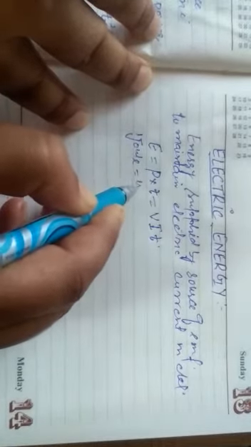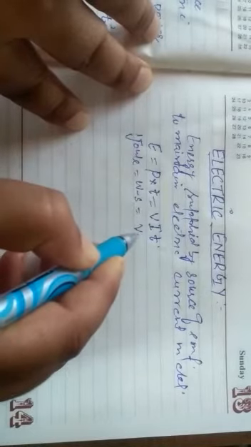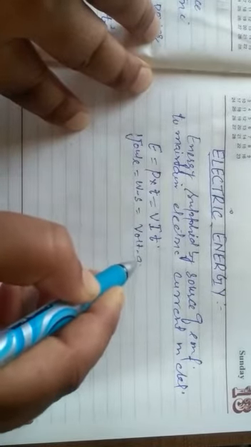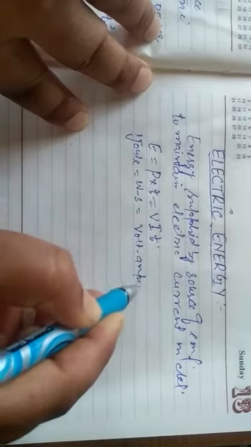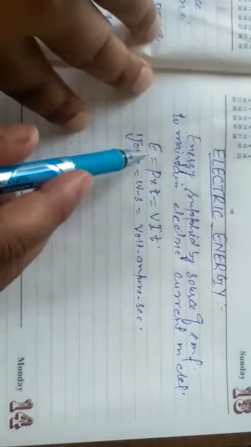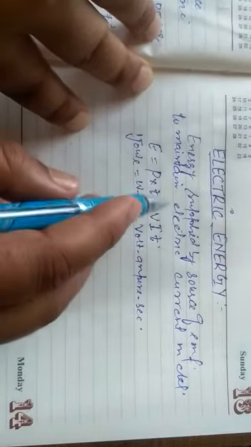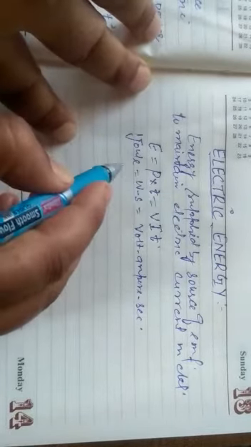For power we have watt, for time we have second, so watt second, or we can say volt ampere second. This is also a unit of electrical energy.